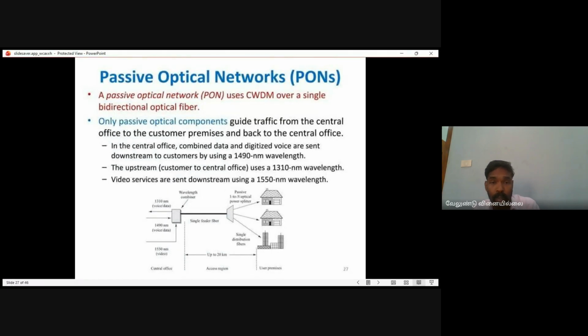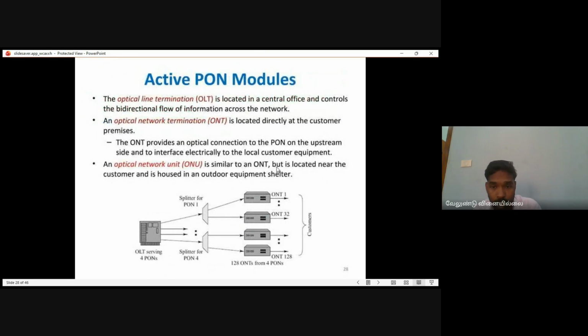This is the passive optical network, PON. Already we discussed. This is CWDM, the coarse wavelength division multiplexing technique, a bidirectional optical network. This is the passive optical network of a CWDM-based network. This is the very important one. The previous case was a passive optical network. Here is the active passive optical network module.